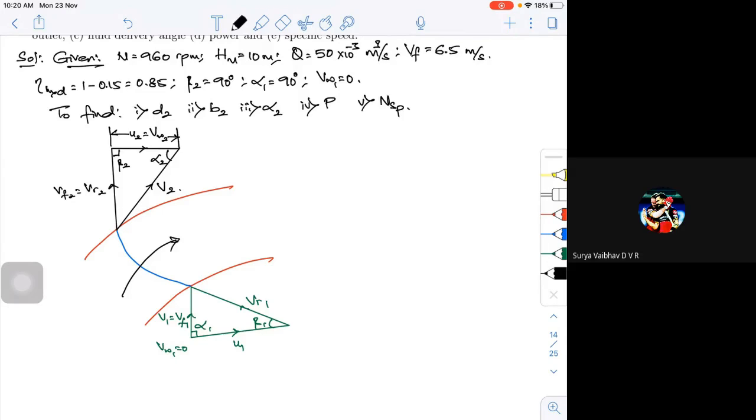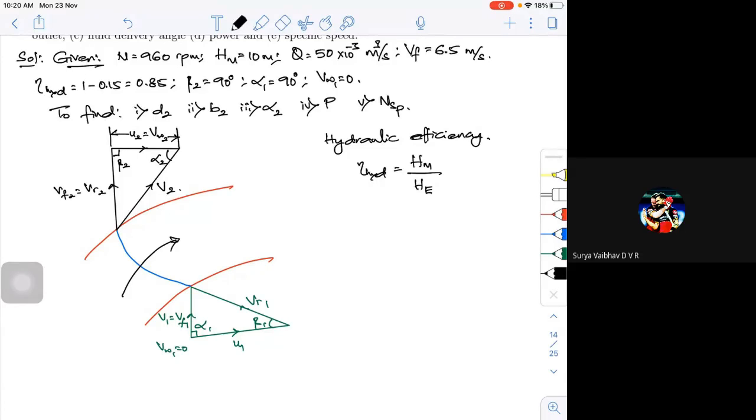Now, I need to find the different parameters. I need to find U2, U1, all those things. So I can find U2 using the hydraulic efficiency formula. What is your hydraulic efficiency? We know that the hydraulic efficiency is given by this formula: the hydraulic efficiency is equal to your manometric head divided by your Euler head.